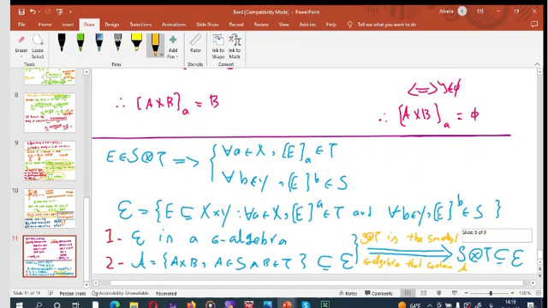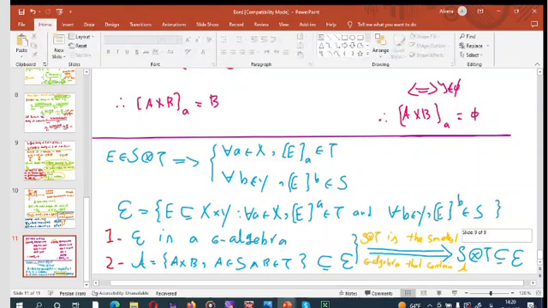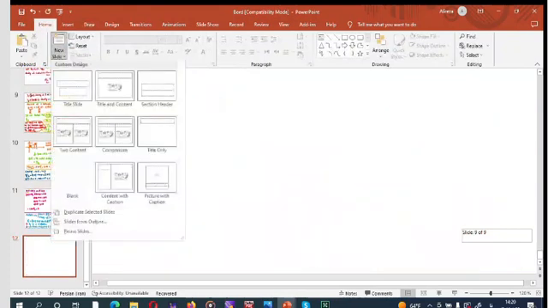because if we consider this rectangle instead of E, then, we know that, let me add some slide.